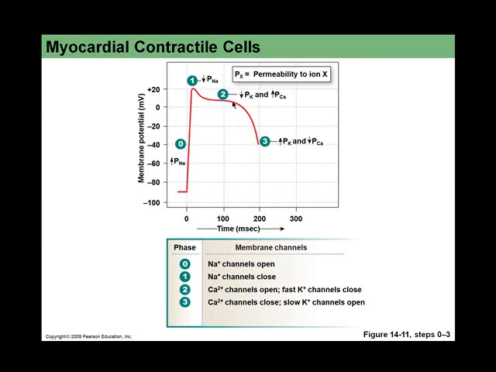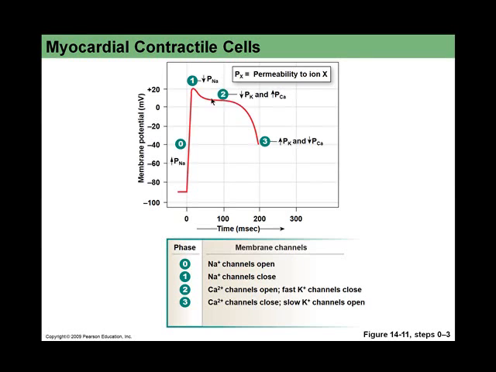So this plateau is actually due to calcium. So the increased calcium permeability, increased calcium influx that accompanies the action potential, the L-type calcium channels, as you recall, is what will extend the duration of the action potential in a cardiac myocyte.